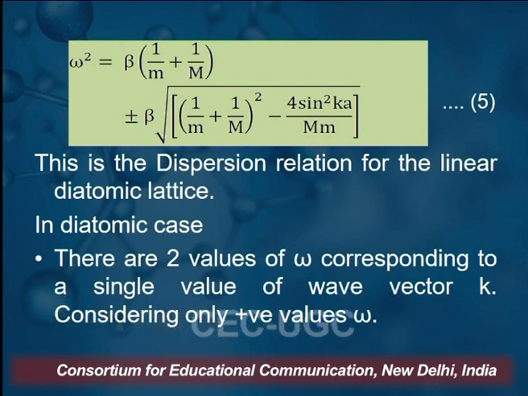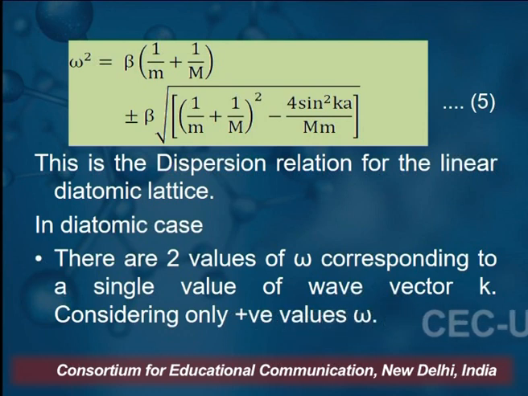So, omega square will be of the form: omega square equal to beta (1 by small m plus 1 by capital M) plus minus beta under root of (1 by small m plus 1 by capital M) whole square minus 4 sin square Ka upon m into M. This equation I label as my equation number 5, and this is the dispersion relation for a linear diatomic lattice. Omega values will be the square root of the term on the right hand side.